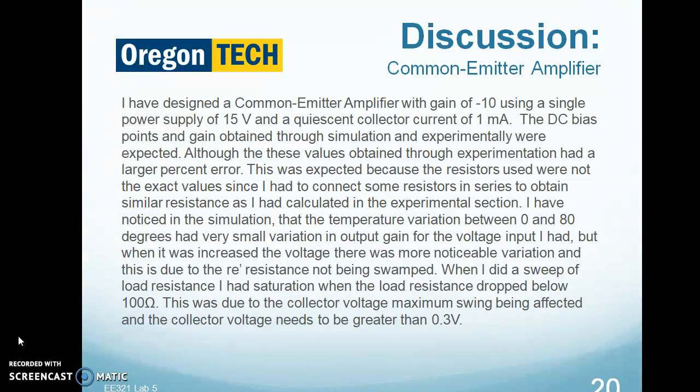When I did a sweep of load resistance I had saturation when the load resistance dropped below 100 ohms. I think this was due to the collector voltage maximum swing being affected and that the collector voltage needed to be greater than 0.03.